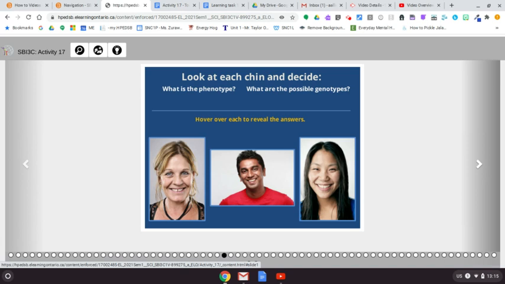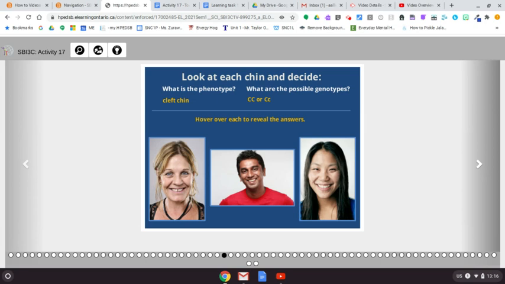So look at each chin and decide. For this, having a cleft chin is dominant. See that little cleft here in her chin? It's dominant. So that can show up two ways. I want you to look right under where the big C, little c shows up.